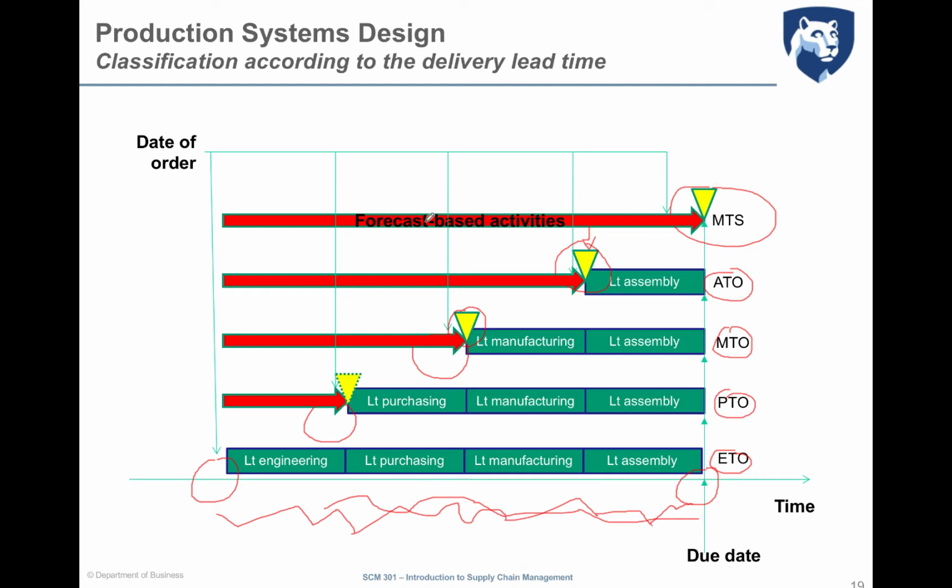So all the activities which are surrounding the production system, engineering, purchasing, manufacturing, and assembly, need to be executed in advance. So they are forecast based. They are made upon forecasting. Think about the clothing industry.